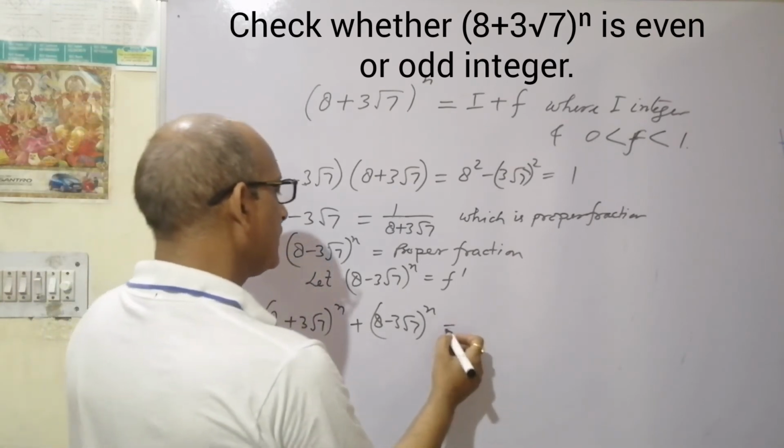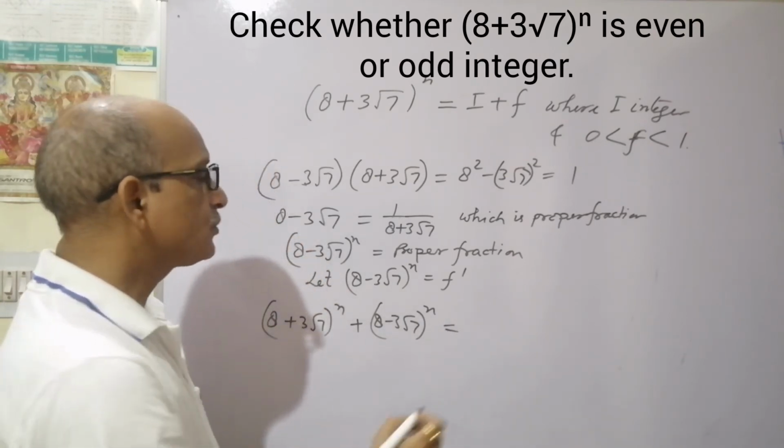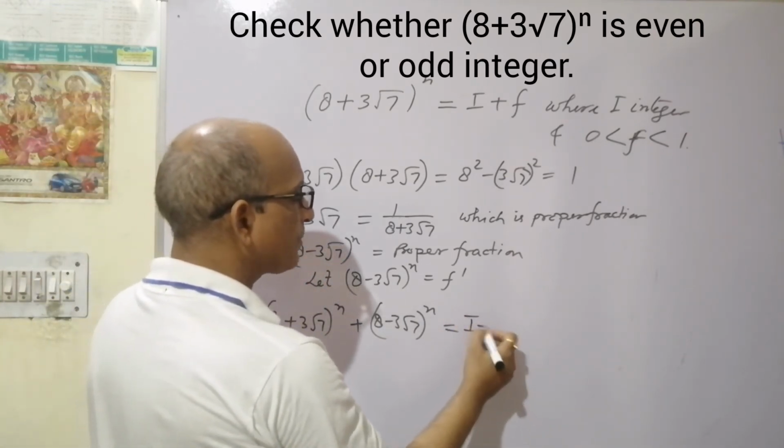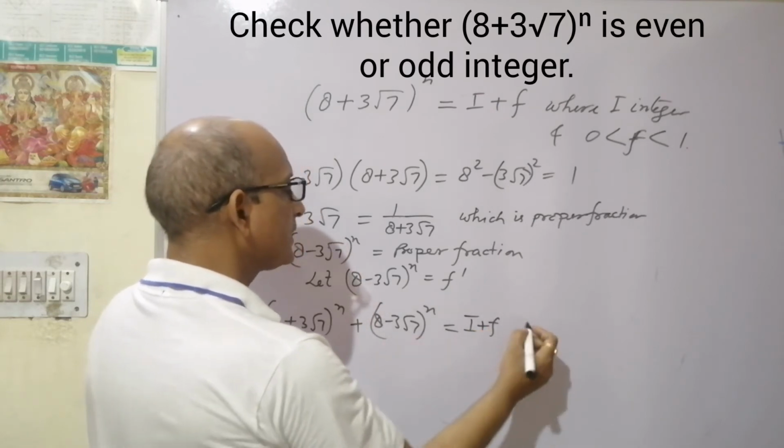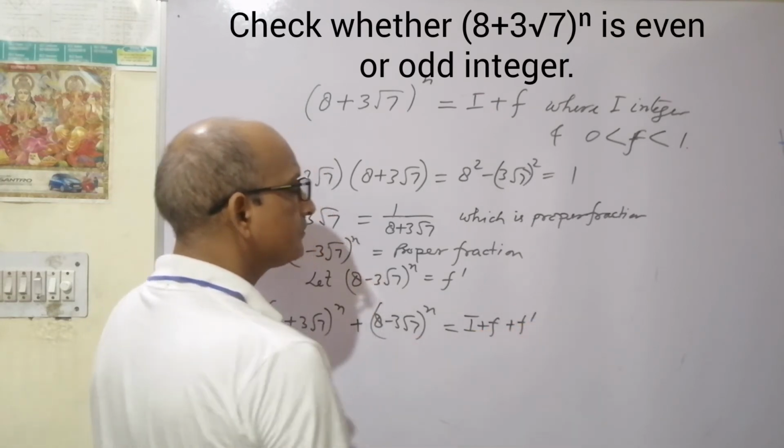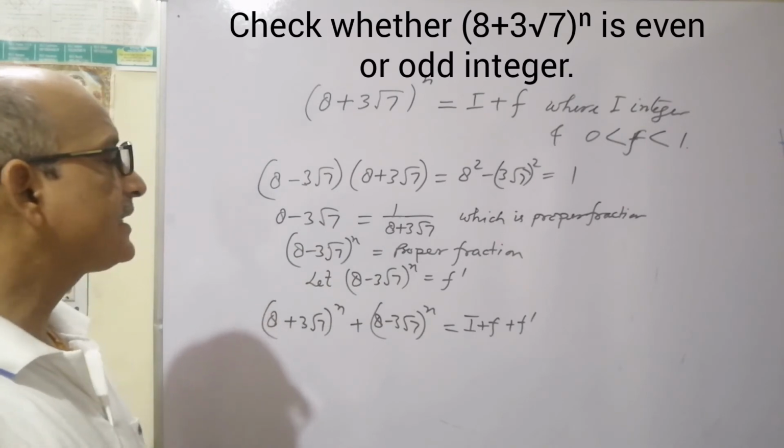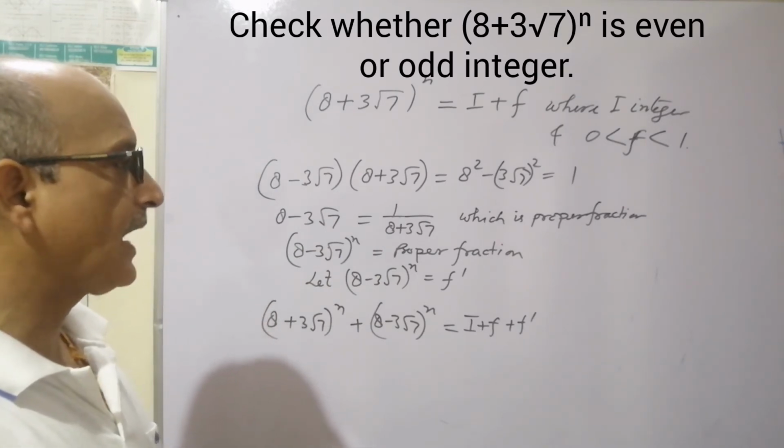This 8 plus 3 under root 7 to the power n is itself an integer plus a fraction, so this can be written as I plus f dash.